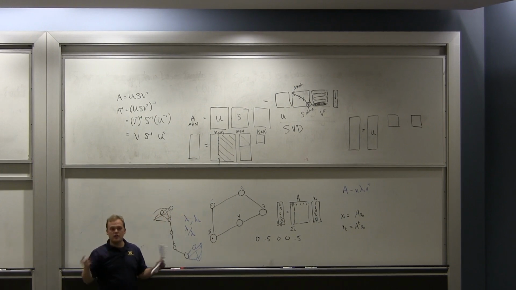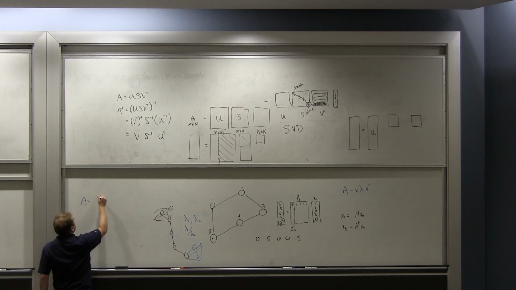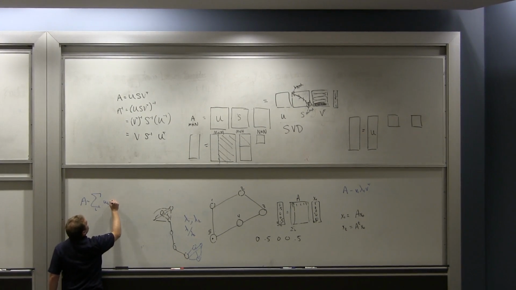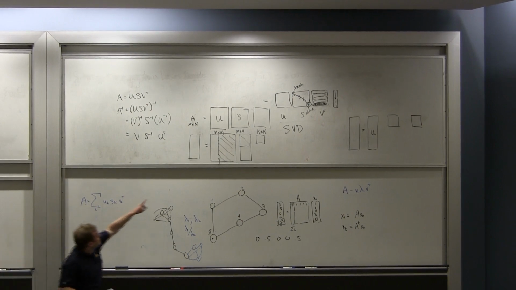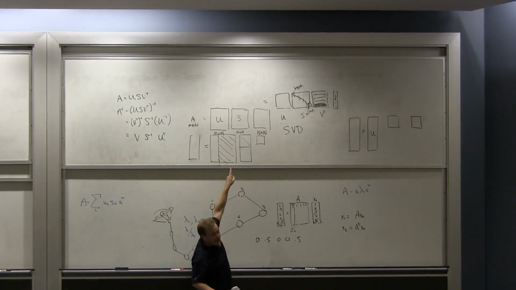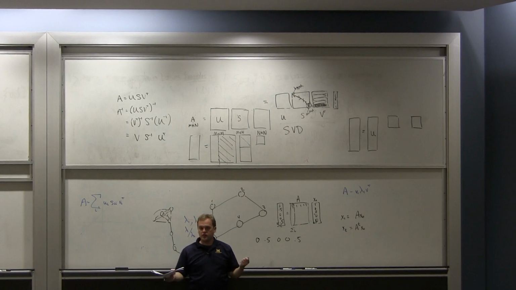And that gives us sort of an interesting way of writing the matrix A. So A is the sum over i of u_i s_i v_i transpose, something like that. Right, so this diagonal matrix S is basically decoupling all of the terms that contribute to it.